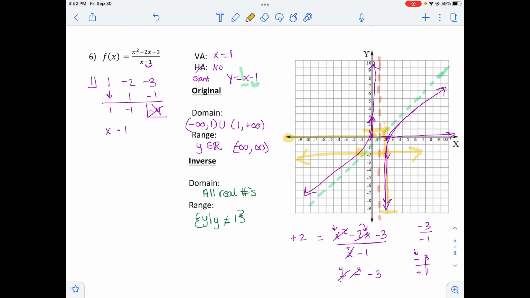So for this one, we're not going to find the inverse because it is not a one-to-one, and I'm going to put a note here just to remember the horizontal line test. Okay, this is not a one-to-one function, so therefore it does not have a single inverse. It has two actual inverses, not just one.